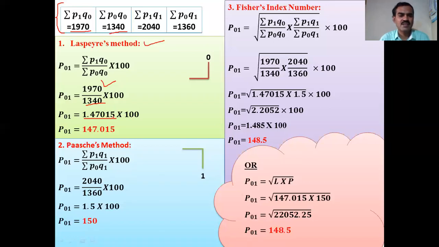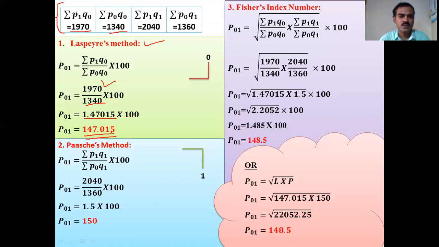I have taken them just for the purpose of precision. So 1.47015 into 100, the answer is 147.015. So it is the answer in the case of the Laspeyres method.